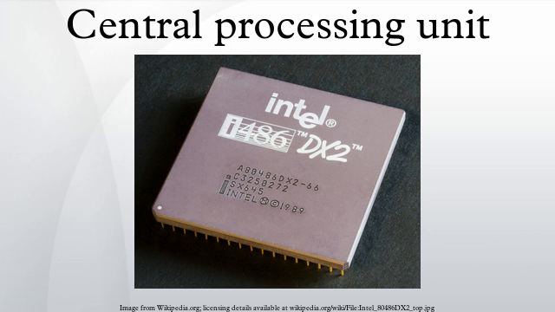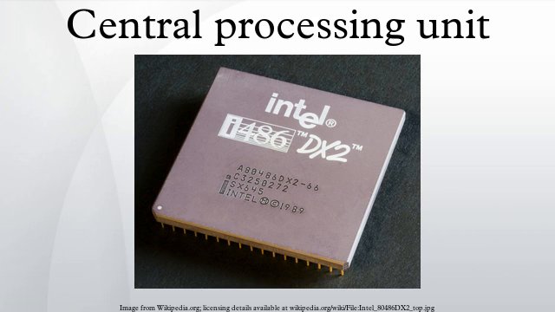Some of the earliest examples of this technology implemented input-output processing such as direct memory access as a separate thread from the computation thread. A more general approach to this technology was introduced in the 1970s when systems were designed to run multiple computation threads in parallel. This technology is known as multithreading.